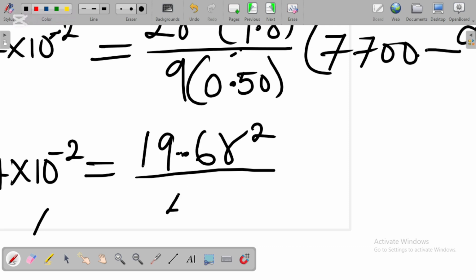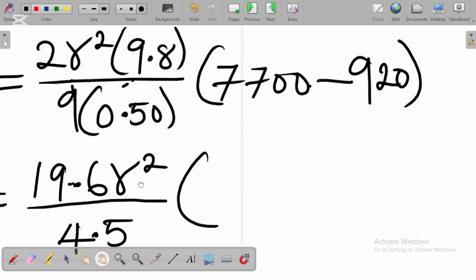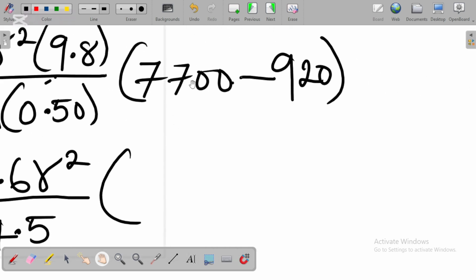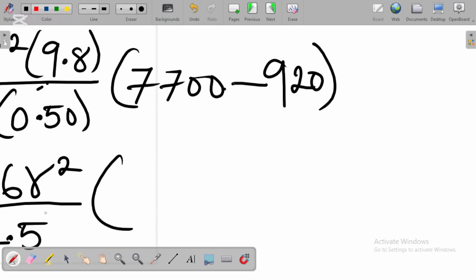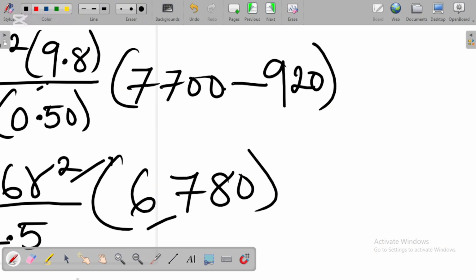It would give us 4.5 and then all multiplied by 7,700 minus 920 would give us 6,780.